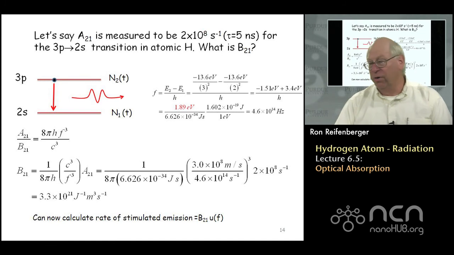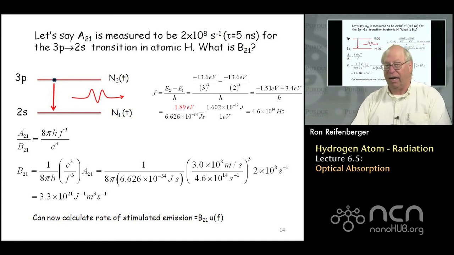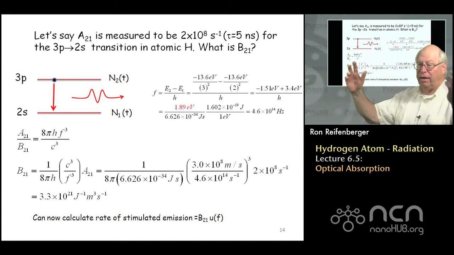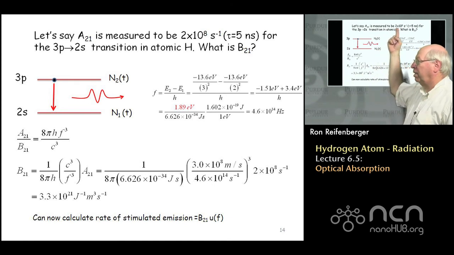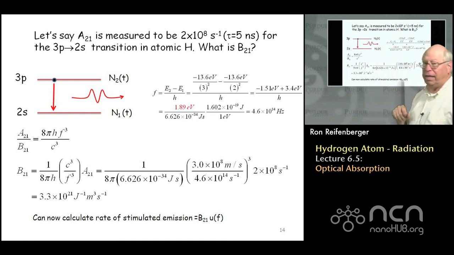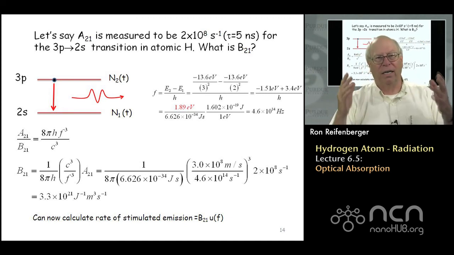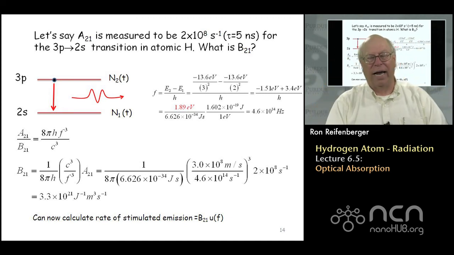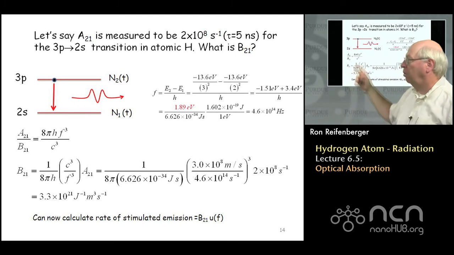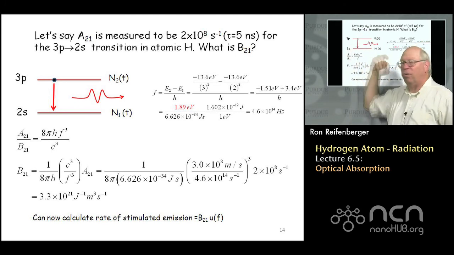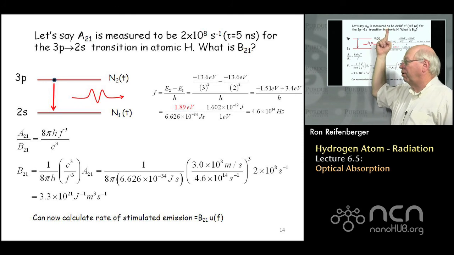And then I work through a case where I measure A21. I say, okay, I measure it to be something like 2 times 10 to the 8th per second, which basically means there are 2 times 10 to the 8th transitions per second for electrons to go from, let's say, the 3p to the 2s level in hydrogen. So that's something I can measure experimentally.